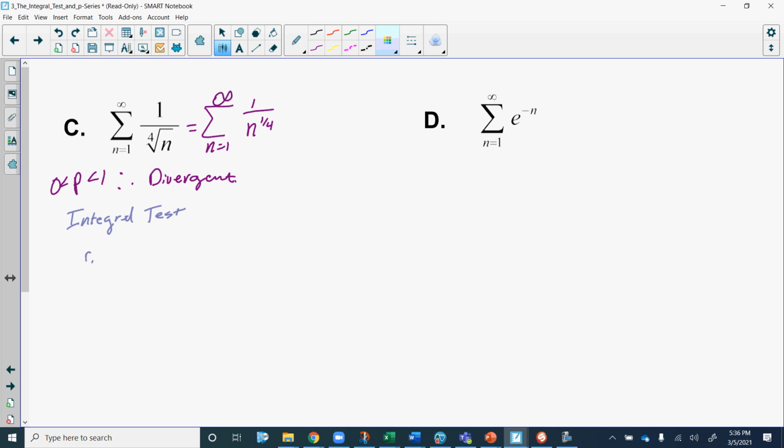My improper integral from 1 to infinity of 1 over x to the 1/4 power dx will be equal to the limit as t approaches infinity of the integral from 1 to t of 1 over x to the 1/4 dx, or x to the negative 1/4 power if you prefer, to make it easier to see how you're going to do the integral.